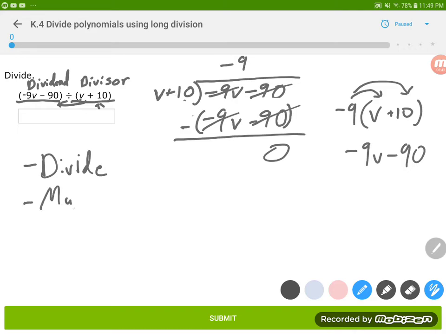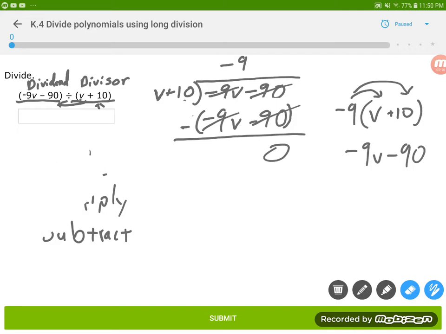I'm looking to multiply the number I just found after dividing back with my divisor, and then I'm looking to subtract. And I'm going to subtract away the thing that I found right there. So maybe that helps, maybe it doesn't. I hope it does help, but that's kind of the process you're going to go through. You're going to divide, you're going to multiply, you're going to subtract.